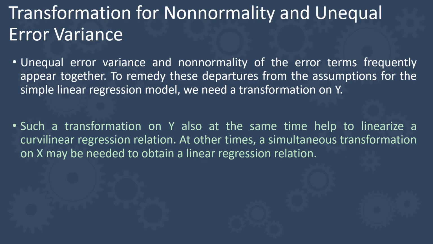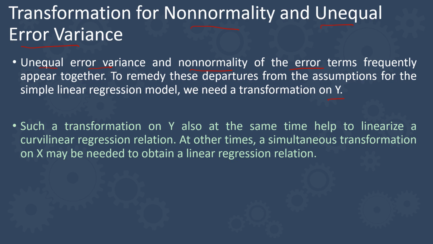Moving on to the transformation for the case of non-normality and unequal error variance. Normally, the issues of unequal error variance and non-normality of the error terms frequently appear together. To fix these departures from the assumptions of the simple linear regression model, normally we need a transformation on the dependent variable y.